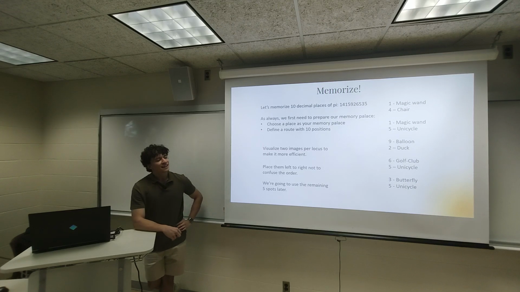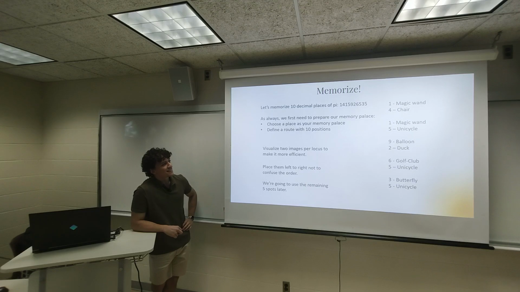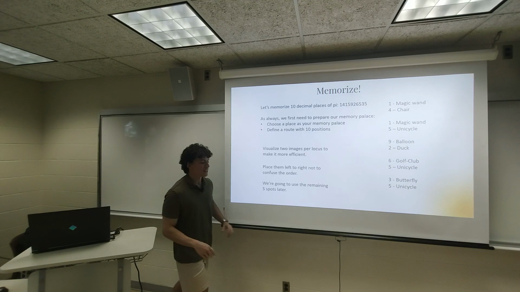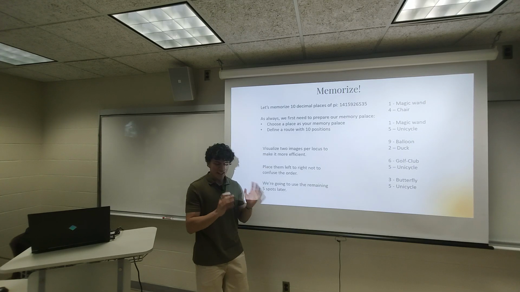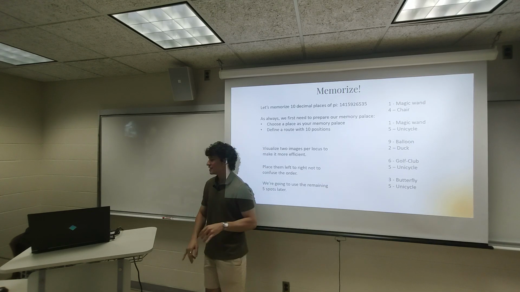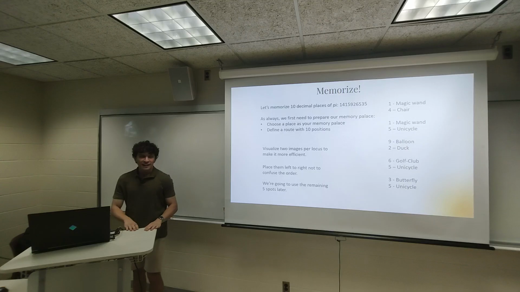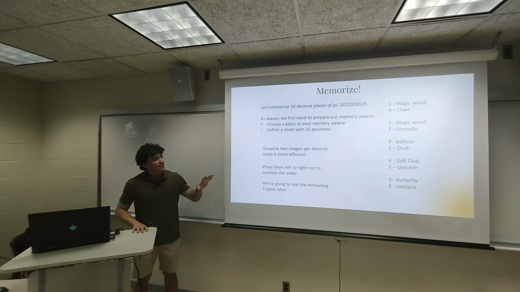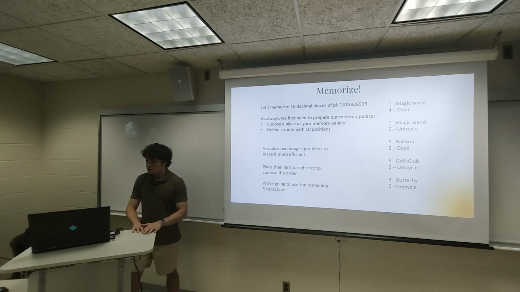I think this really comes with time, but you get the idea, right? The magic wand is on the left of the chair. It's sentient and it's licking the chair like a psycho. And you can apply that to all the other images as well.